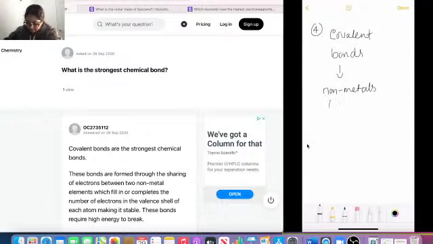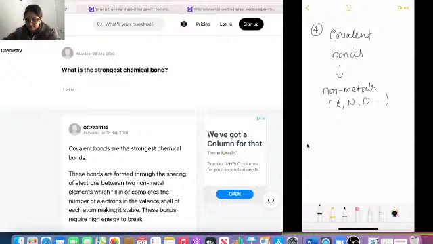So for example, carbon, nitrogen, oxygen, and all of those. Basically covalent bonds fill in or complete the number of electrons, so they fill their octet, making them stable.